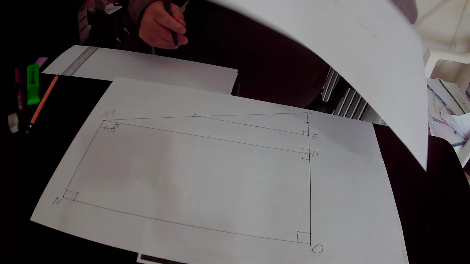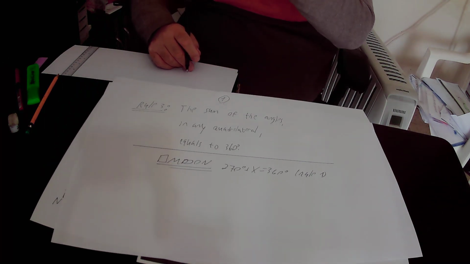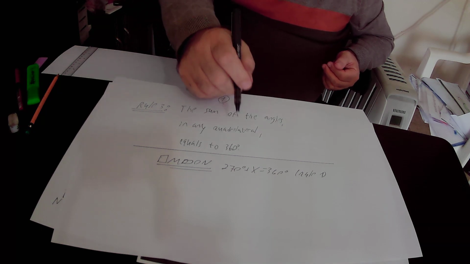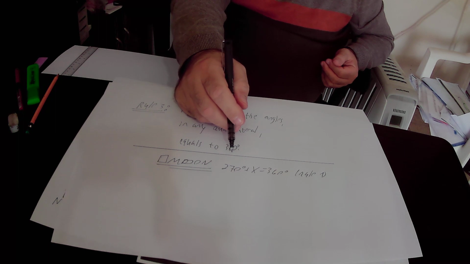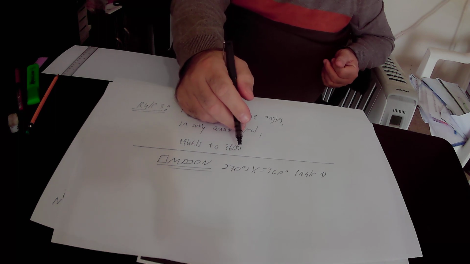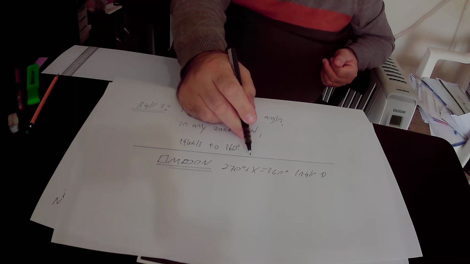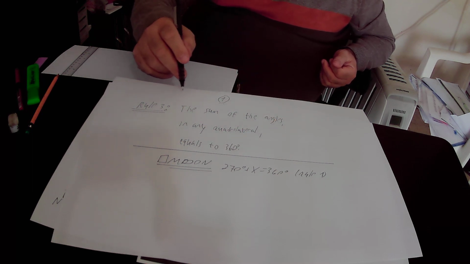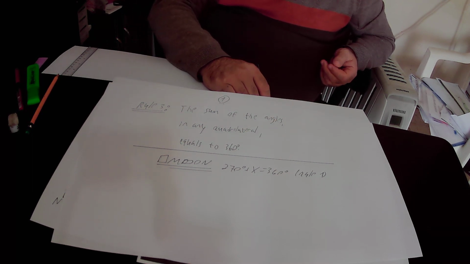I will repeat again: the sum of the three angles, 270 degrees, plus the fourth angle X, must be equal to 360 degrees, since the sum of the angles in any quadrilateral equals 360 degrees.